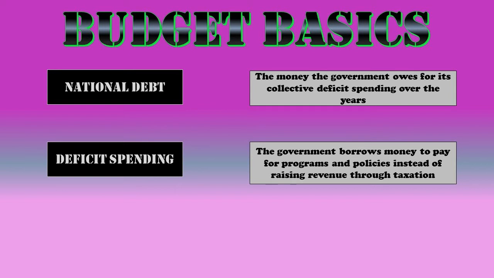So we are talking about an insane amount of money that the government owes to all of its different investors. And deficit spending, this is not much different than a budget deficit, but deficit spending just means that to function day to day, the government borrows money to pay for programs and policies. And we do this because in the United States, the people are obsessed with tax cuts.